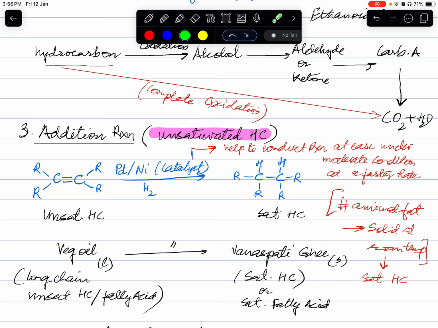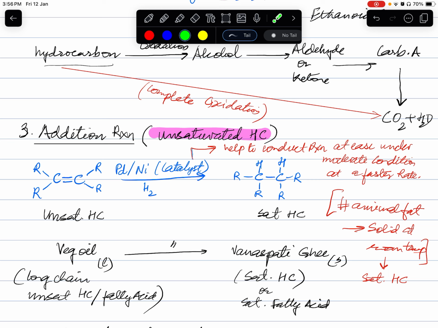But in an unsaturated hydrocarbon, for example in this case, carbon is forming 4 bonds, but not with 4 atoms. With how many atoms is one carbon bonded? 1, 2, 3. In the same manner, the second carbon is bonded with 1, 2, 3. So it is not forming 4 covalent bonds with 4 atoms, only with 3. So there is scope of adding something.